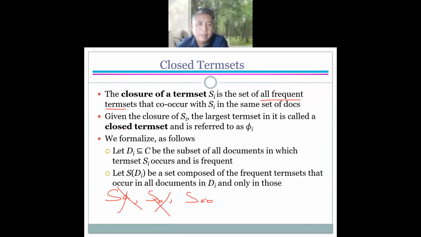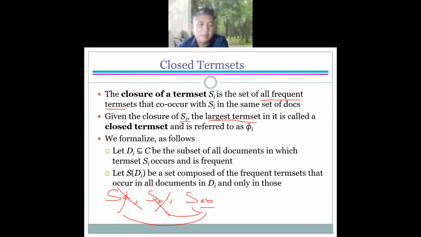So the definition here, given the closure of this Si, is the largest term set. Okay, the largest term set. So this is the largest term set between these three. Okay, this is what we call closed term set.